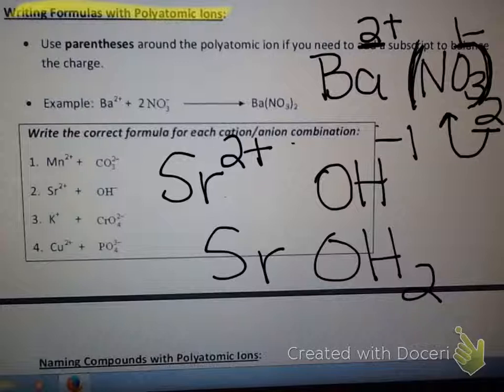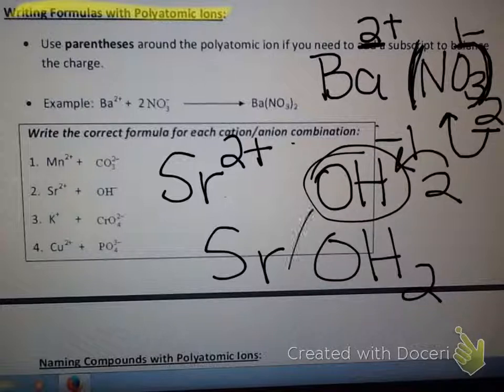In this formula, it says that we have 2 hydrogens and only 1 oxygen. But remember, hydroxide is a unit, and we need 2 of the entire unit. So when you have multiples of the polyatomics, you're going to use the subscript to balance the charge. I think that we pretty much get that, so we're going to move on.